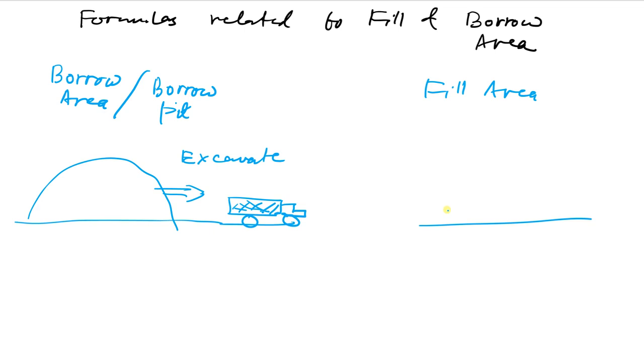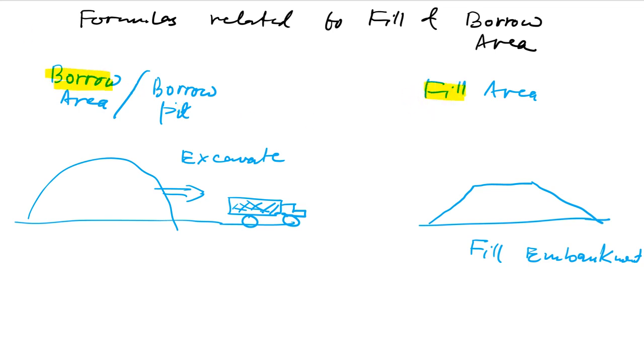On the construction site, we are going to place it in the fill. This is called fill embankment. So anyway, there are two kinds of areas. One is called borrow area, and number two is called fill area.